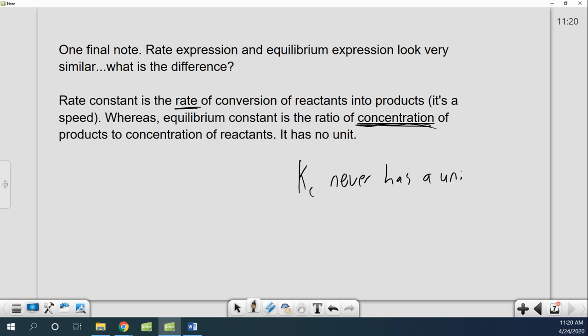Now, there is a very long-winded and technical explanation for that we're not going to go into. It's real complicated. Basically, if you really want to look into it, look into the difference between concentration and something called activity. And that'll tell you why we don't use units for Kc, because technically if you look at the math of it, you're like, oh, if I'm just dividing concentrations, sometimes they won't cancel out and I should have a unit, shouldn't I?